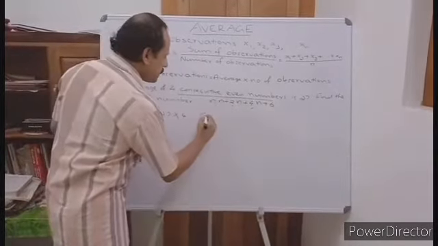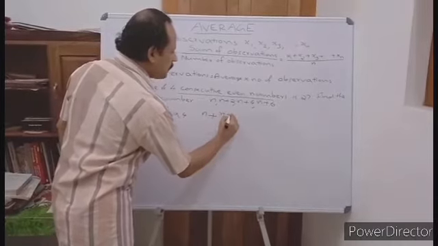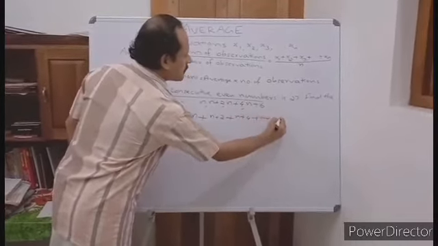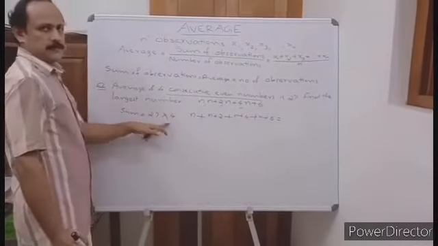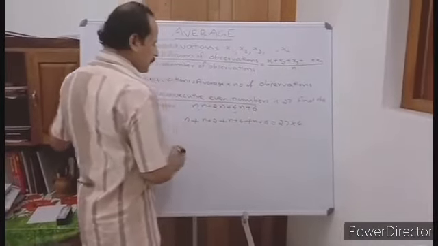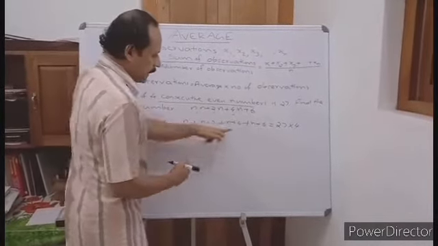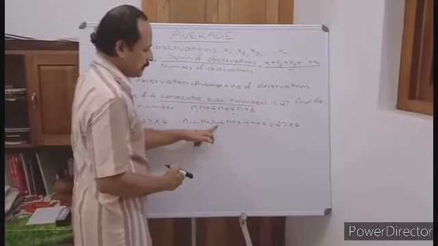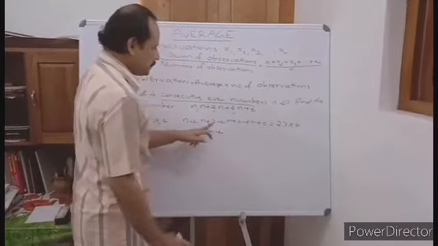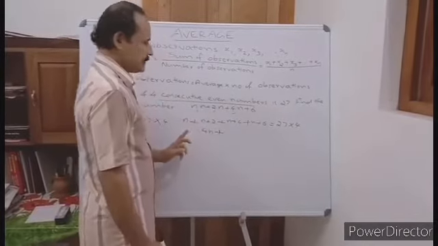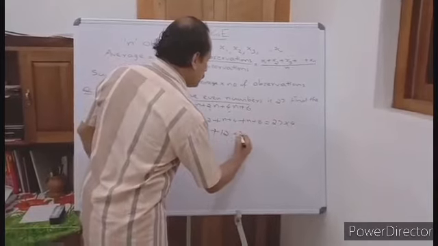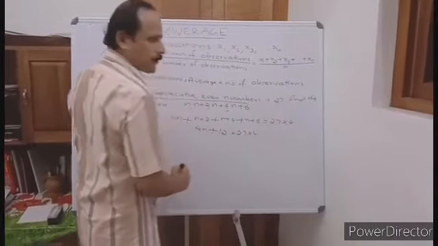And what is their sum? That is n plus n plus 2 plus n plus 4 plus n plus 6, and that is 27 into 4. Here you add these terms, n plus n plus n plus n, that is 4n, plus 2 plus 4 plus 6, that is 6 plus 6, 12, equal to 27 into 4.